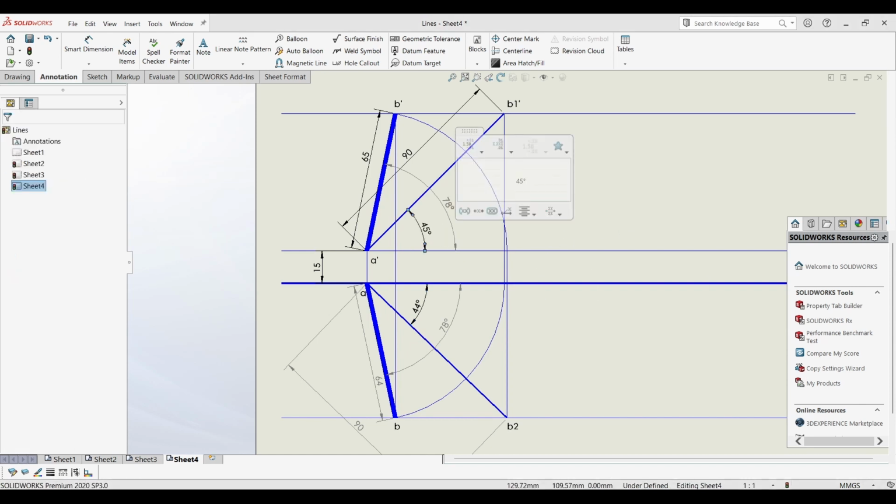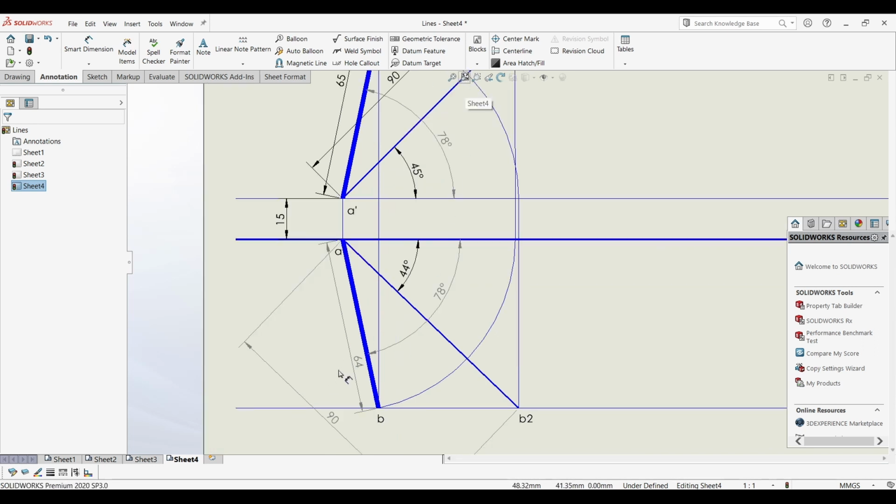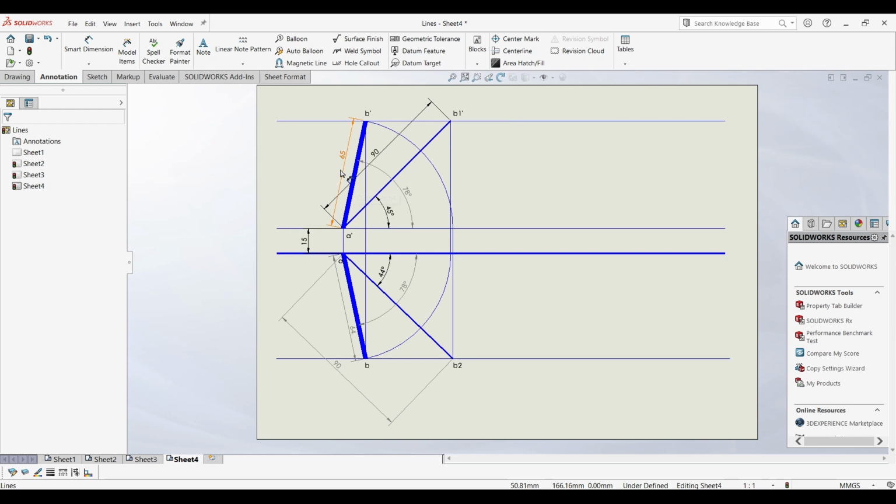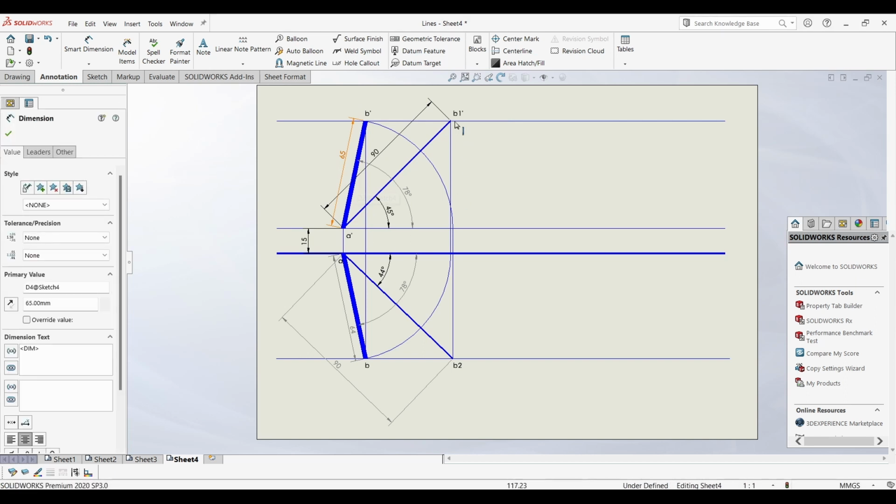So this is the final diagram we have. Let me tell you the things. We have the true length as 90 mm, as you can see here. Then the top view length is 64, front view length is 65, and true length is 90 again. 45 degrees is theta, alpha is 78, 44 degrees is phi and 78 degrees is beta.